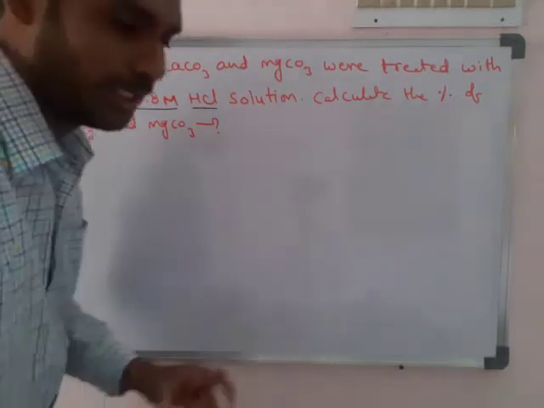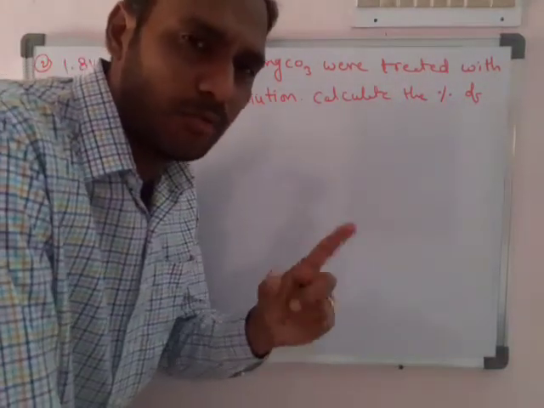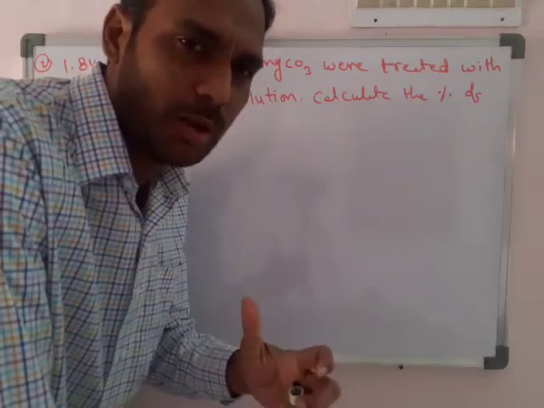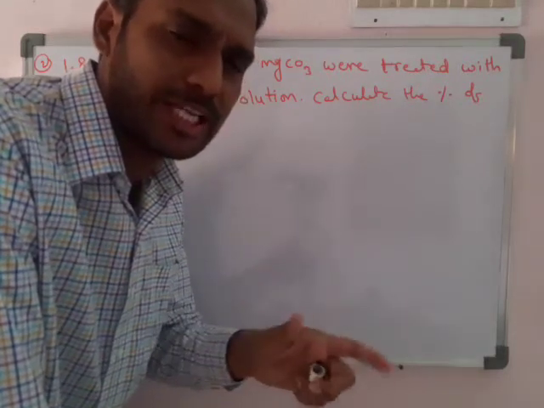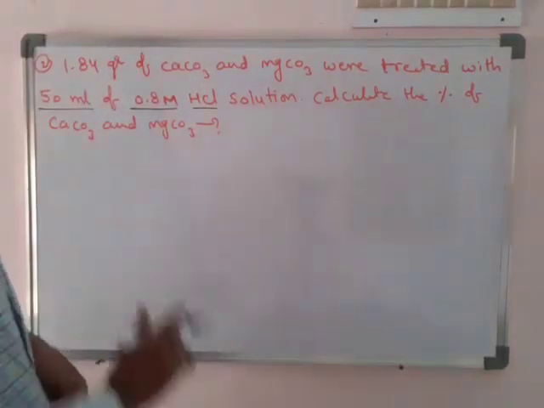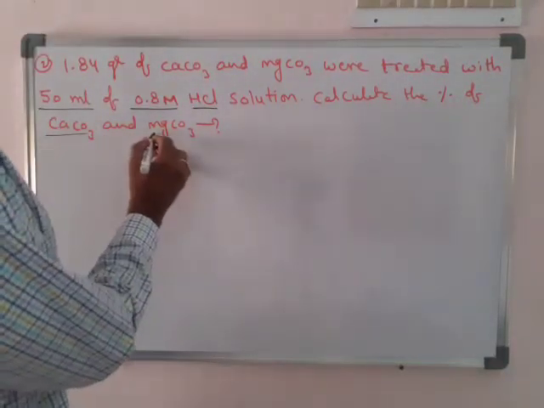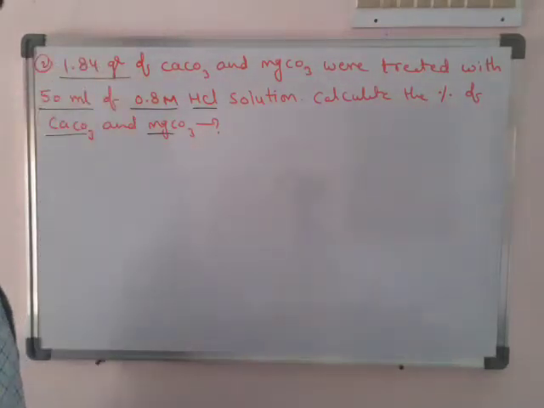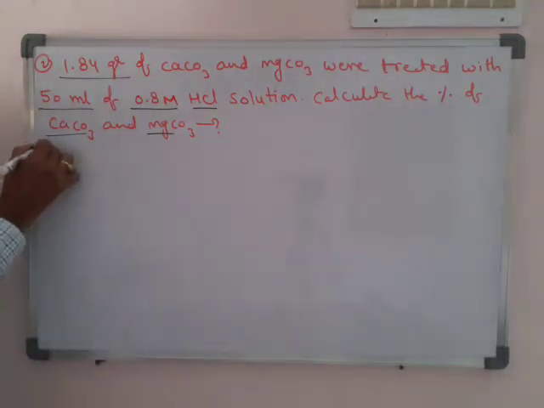Okay, so what the problem is: one compound is a mixed compound, the second compound is an individual compound. Okay, the reaction takes place between them. So calculate the percentage of calcium carbonate and magnesium carbonate in that 1.84 grams. Okay, exactly similar to the last problem.